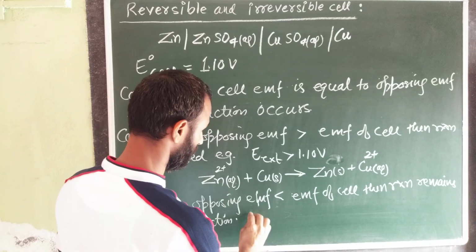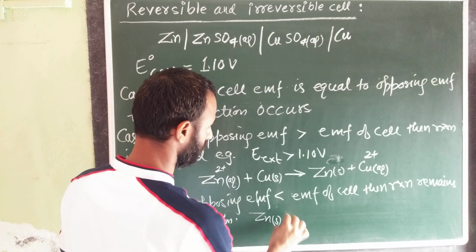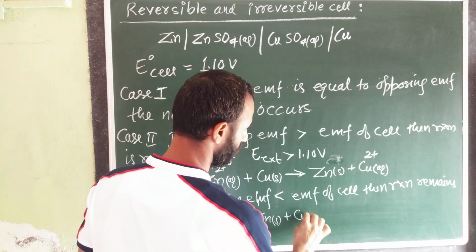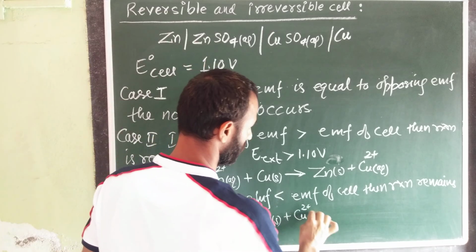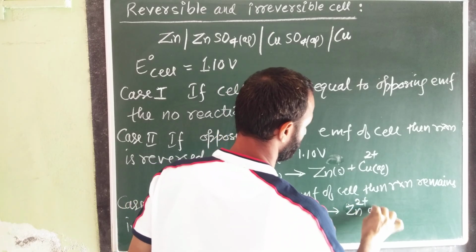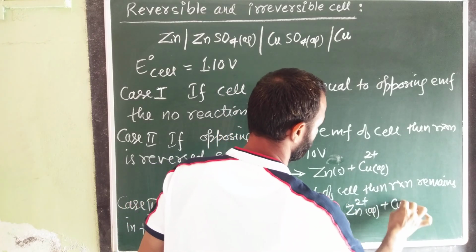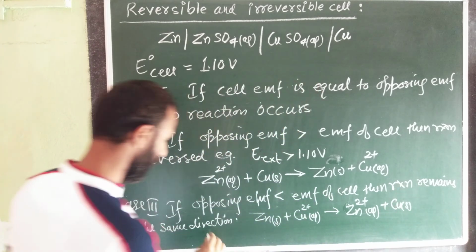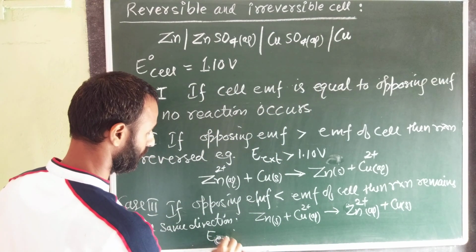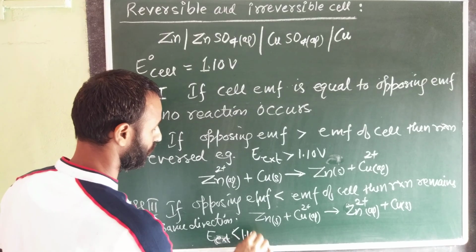For example, in this case, zinc dissolves and copper deposits when E external is less than 1.10 volt.